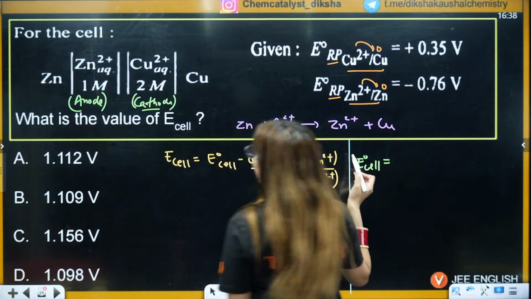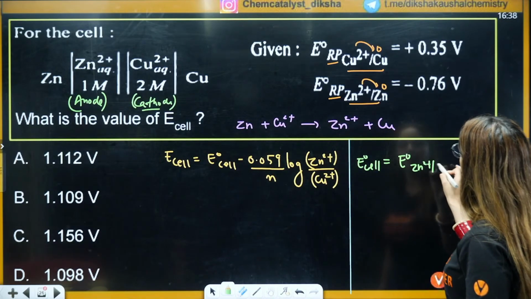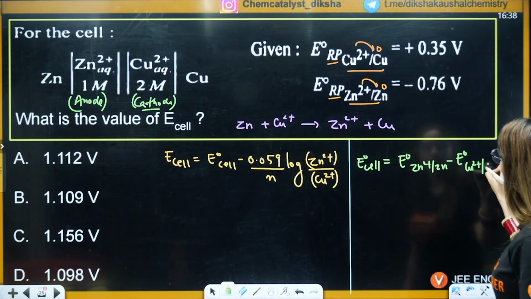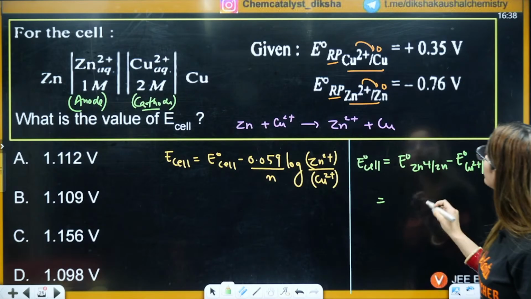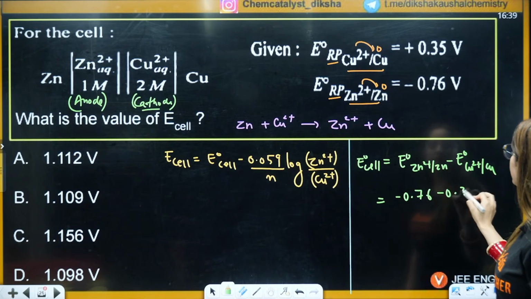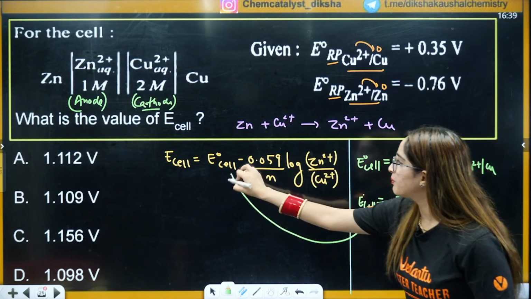So here you will write E naught of Zn2 positive to Zn minus E naught of copper. Both the reduction potentials only you will write. So this is minus 0.76 minus 0.35. That will be your E naught value, that you will put here.